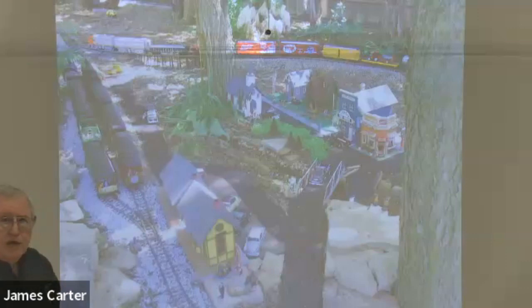Here's my home station. This track going up here at one time was fairly steep. It was about a 2.5% grade. That was unsatisfactory. Since I was starting engines from a dead stop here at the station, often I would spin the wheels. So I went in there.